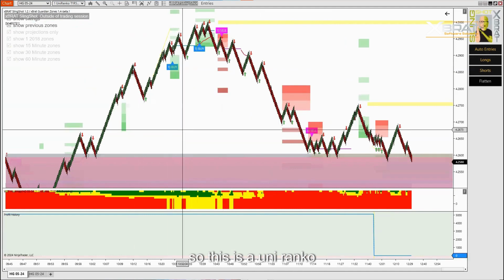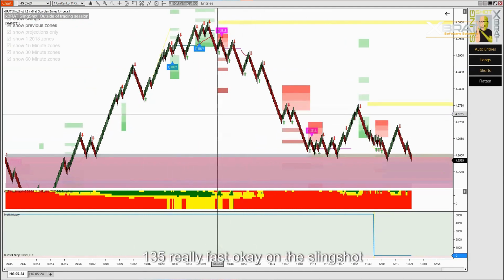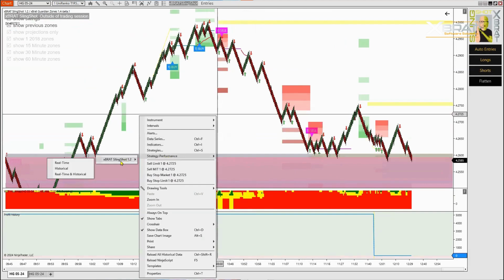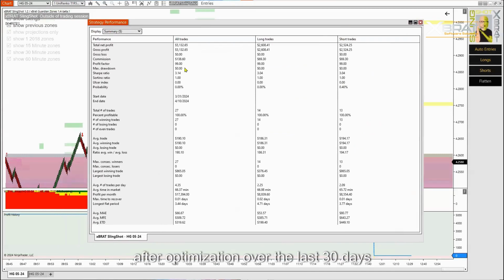So this is a Unirenko 135, really fast, on the Slingshot. And this is one of the things that happened today. After optimization over the last 30 days, there has been 100% win rate. This is not normal. It worried me. I checked again and again.